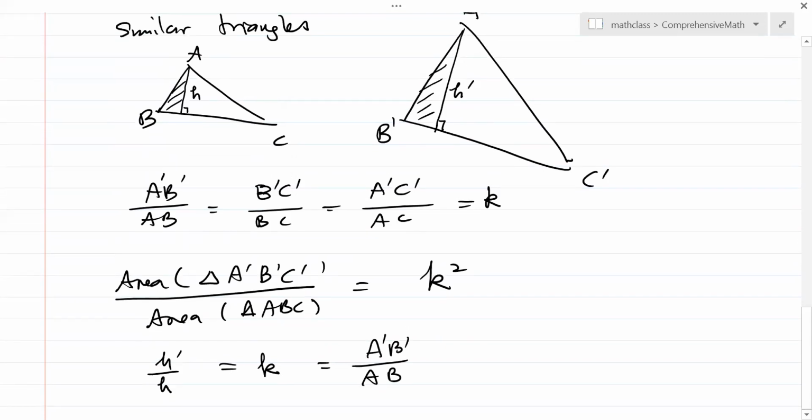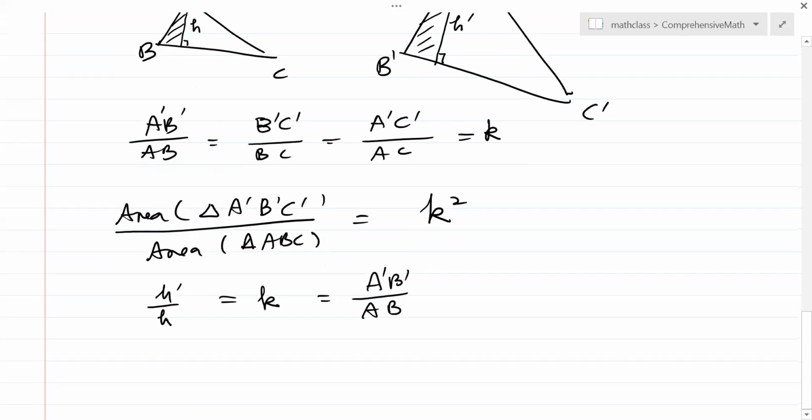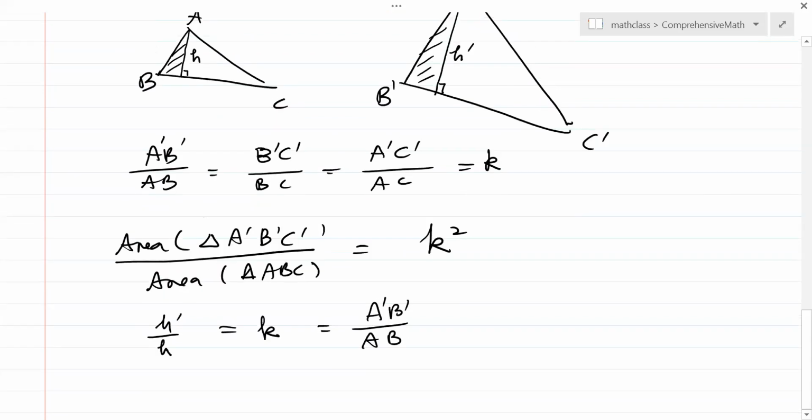Because those two triangles are similar, you use one side: H prime over H is going to be A prime B prime over AB. We already know that A prime B prime over AB equals K. So that's enough.